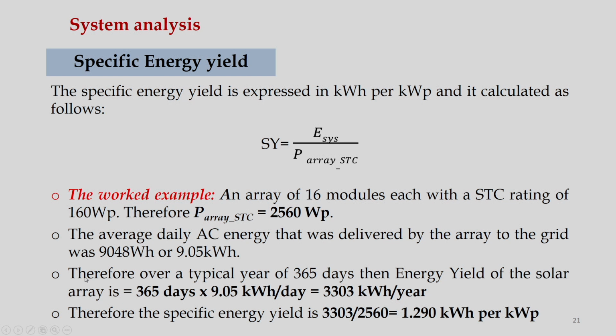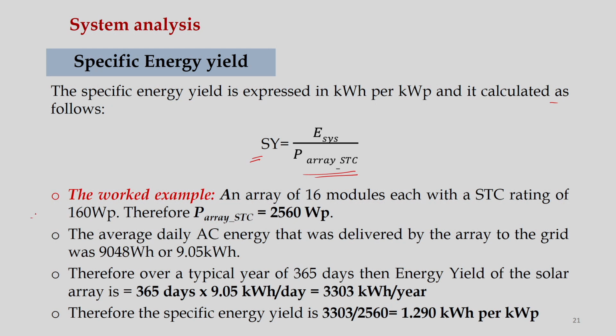Now, we will calculate what is specific energy yield. This specific energy yield is expressed in kilowatt hour per kilowatt peak and is calculated as follows. So, this SY is nothing but E system, that is yearly, since I have written here, divided by P array under standard test condition.